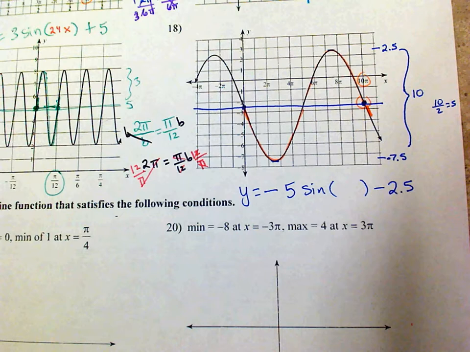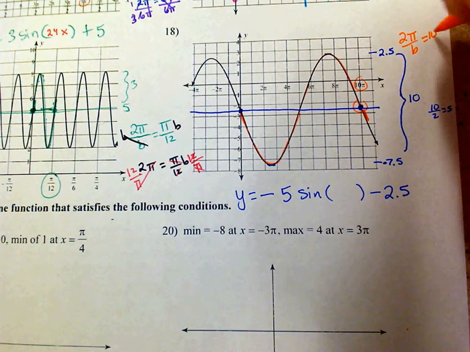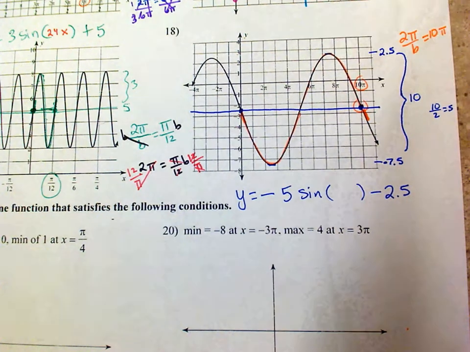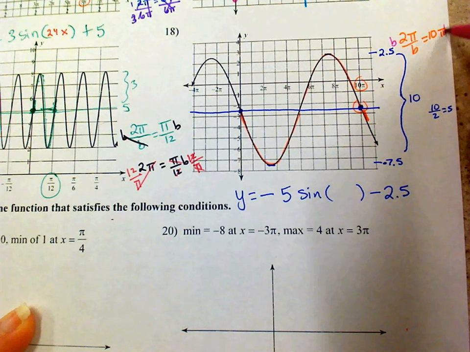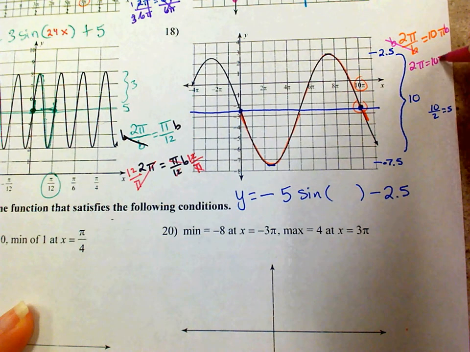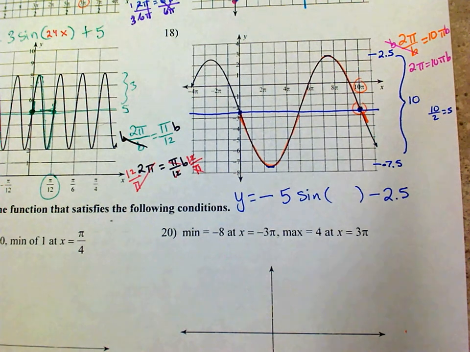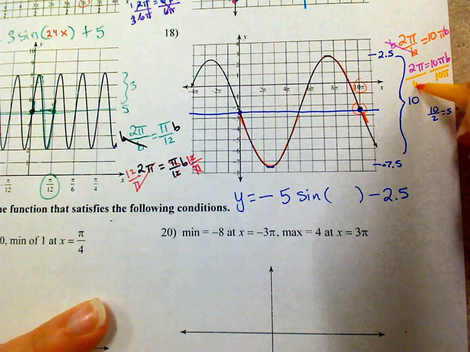Multiply by b on both sides, those cancel out. 2 pi equals 10 pi b. I want to get the b by itself, so I divide by 10 pi. Pi's cancel out. 2 divided by 10 is 1/5. So this is 1/5 x.